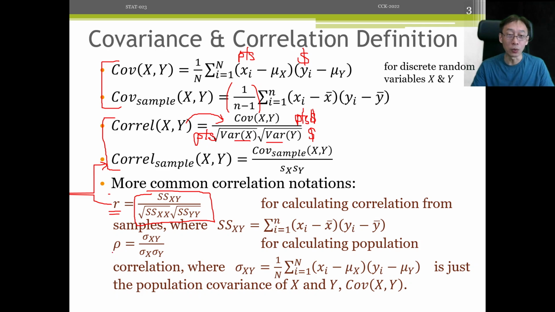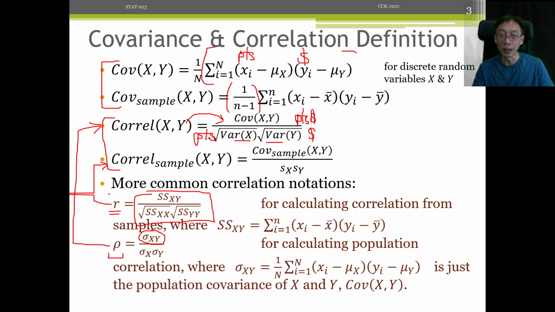Second point is, of course, we don't forget our Greek symbol for the population version of correlation, right? So that's rho here. That's not p, that's rho, R-H-O. And in a similar fashion, it's defined as sigma of xy. Sigma of xy is basically this guy over here, just without dividing by n.